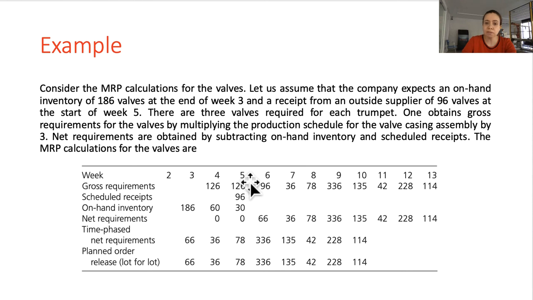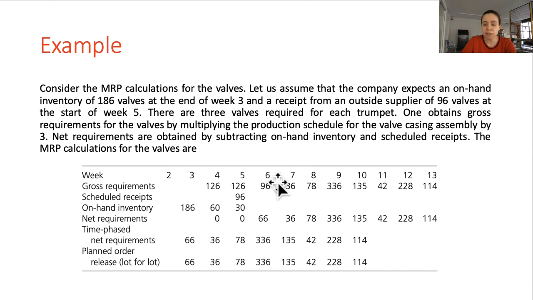And for week 5 we have a gross requirement of again 126, but in this period we have a scheduled receipt of 96 units. We also have an on-hand inventory. So we subtract this gross requirement from the receipts and on-hand inventory and obtain 30. And this is our on-hand inventory in week 5, and the net requirement is 0.